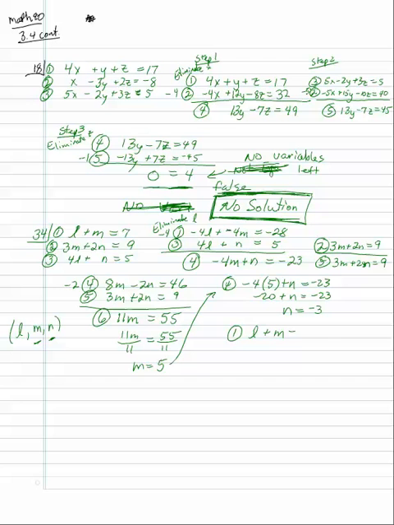L plus M equals 7. And I'm going to plug in M, I know is 5. There's no N in it, so I don't have to worry about it. So L is 2. And then my solution would be 2, L M is 5, N is negative 3. Remember, it's alphabetical order unless you're told otherwise.